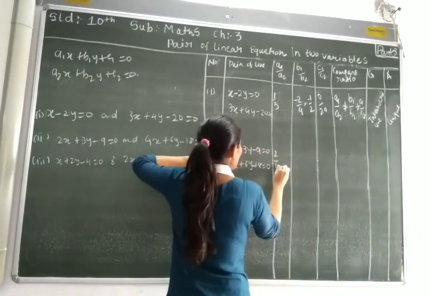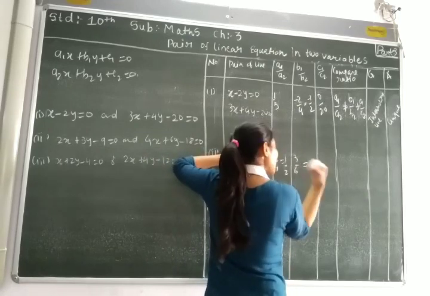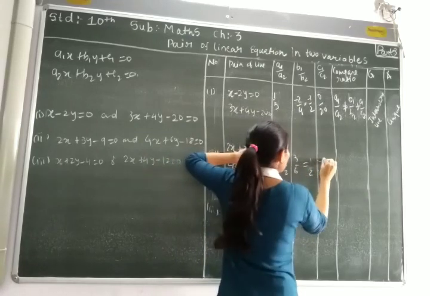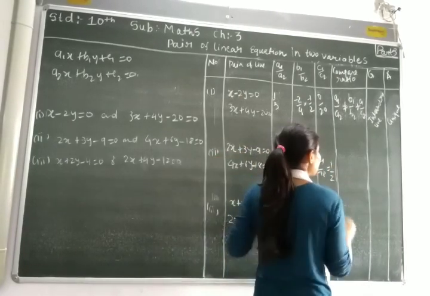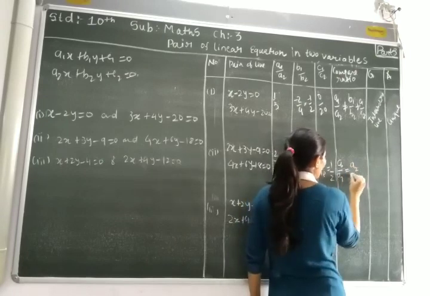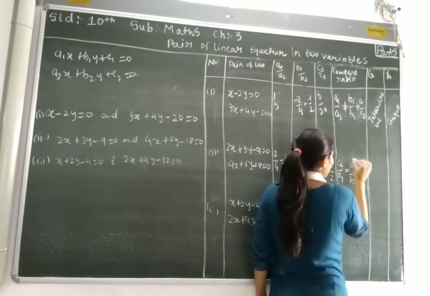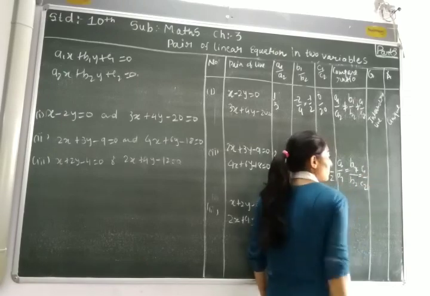So I'm getting 2/4. That is 1/2 only. So 3/6, I'm again getting 1/2. Minus 9 upon minus 18, I'm getting 1/2. It means I have found that A1 upon A2 is equal to B1 upon B2, C1 upon C2.